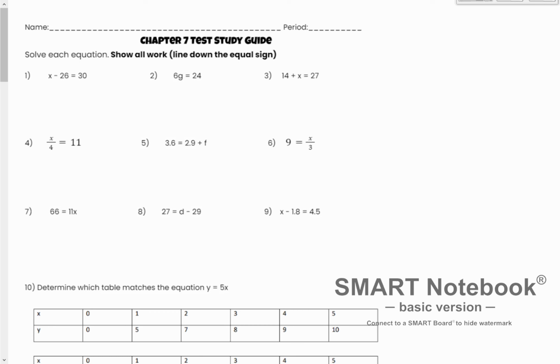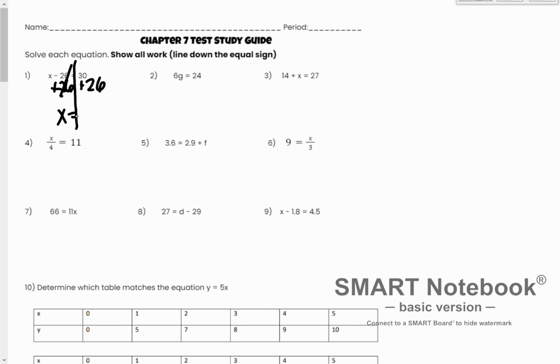Okay, so these first 9 problems, we've been solving equations so much, so I'm not going to do them all. I'm just going to show you what I'm looking for work when you're on your test. So I want to draw that line down that equal sign. I want to do the opposite of whatever's in the problem. So if it's x minus 26, I want to add 26 to both sides. Minus 26 plus 26 cancels out.